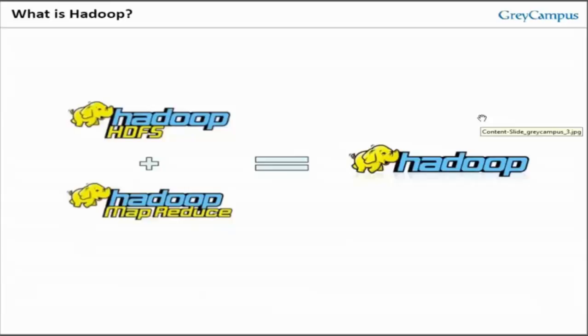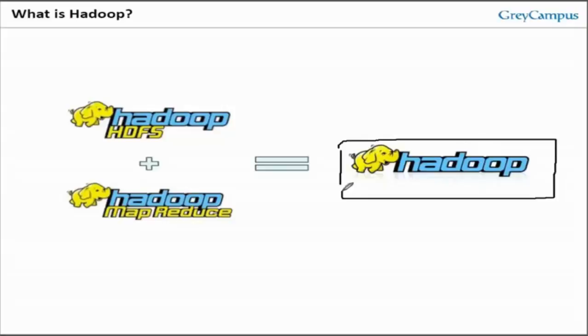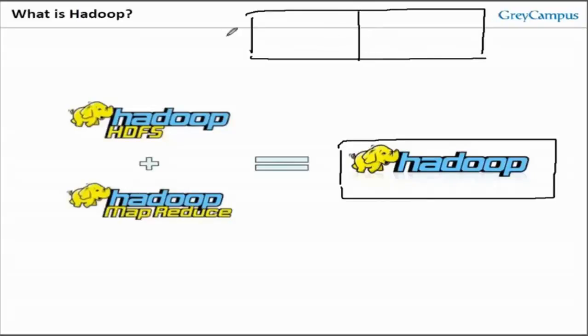This is talking about what Hadoop actually consists of. Hadoop consists of 2 things. Any data analysis platform I talk of has 2 components: data storage and data processing.